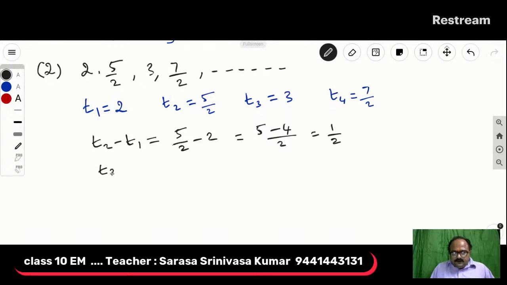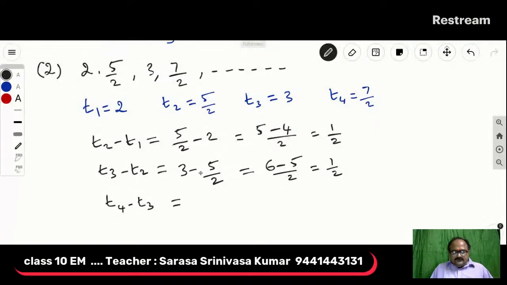Next, T3 minus T2. T3 is 3. So 3 minus 5 by 2 is 6 minus 5 by 2, equal to 1 by 2. Next, T4 minus T3. T4 is 7 by 2, so 7 by 2 minus 3 is 7 minus 6 by 2, equal to 1 by 2.